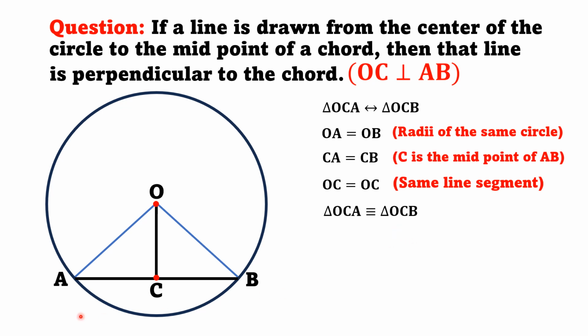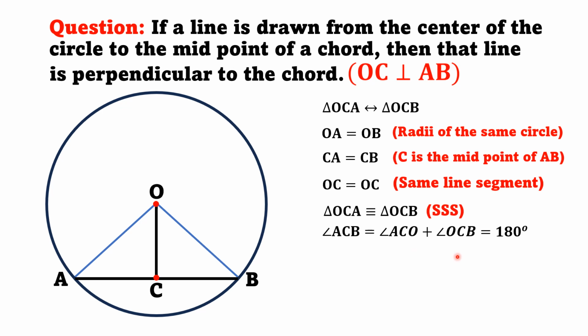Now the angle ACB is equal to the sum of angles ACO plus OCB. Since these two triangles are congruent to each other, these two angles must be equal, and together they are equal to 180 degrees.